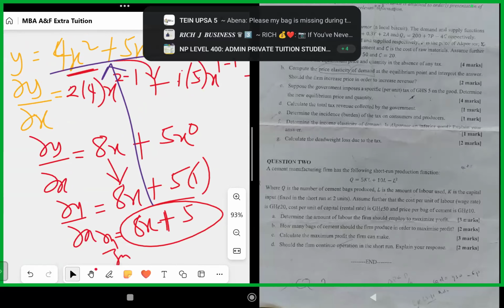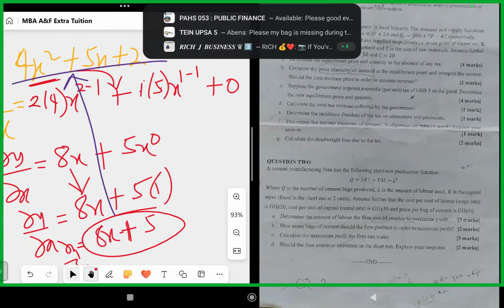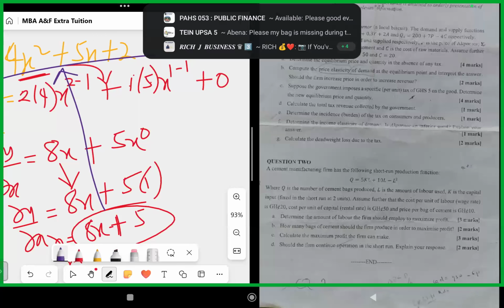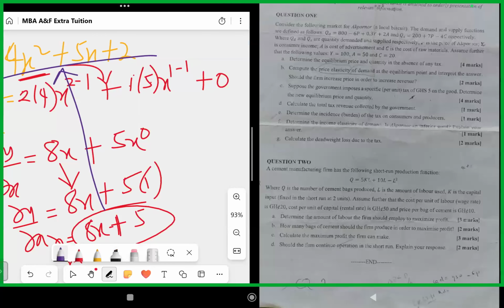All right. So now, what are we trying to see? Look at the 5x: you have a variable with a coefficient. The coefficient is 5, but the exponent of the variable x is 1. So we subtracted 1 from it, and we multiply the 1 by the 5.